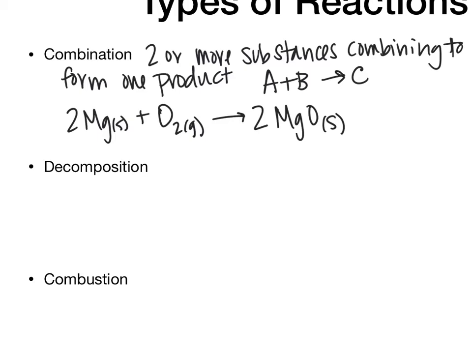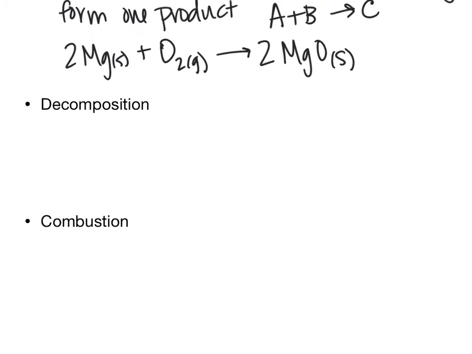So oxygen gas is a diatomic, and so there are several diatomics that we'll encounter in lots of these questions or problems. And so the other thing is this creates 2 magnesium oxides. Now, right now, we'll be able to read this out of words, so you could read it in words and then transcribe it into chemical formulas. Later on, we will talk about how you could predict a product. But for combination and decomposition, the products are somewhat hard to predict.